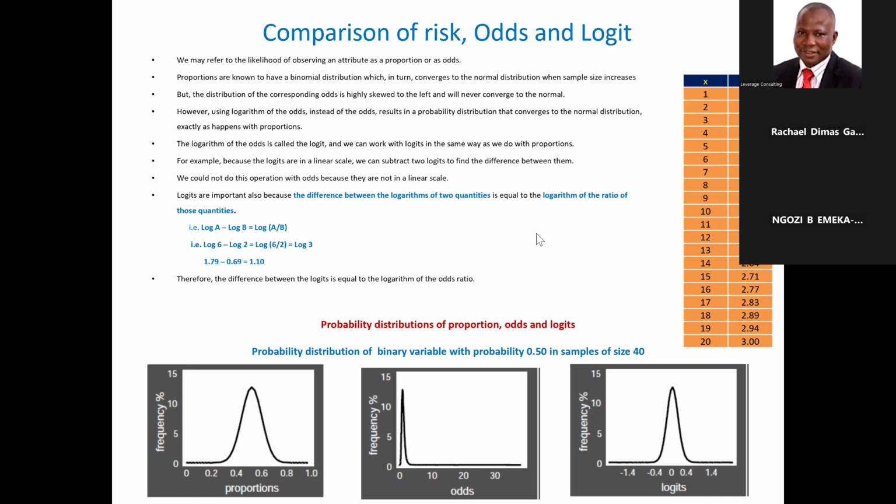So it's 0.21, 0.211. As probabilities, they look close. But if you transform them to odds, we're going to see more distance. The corresponding odds of 0.21 is far lower than the odds of 0.211.